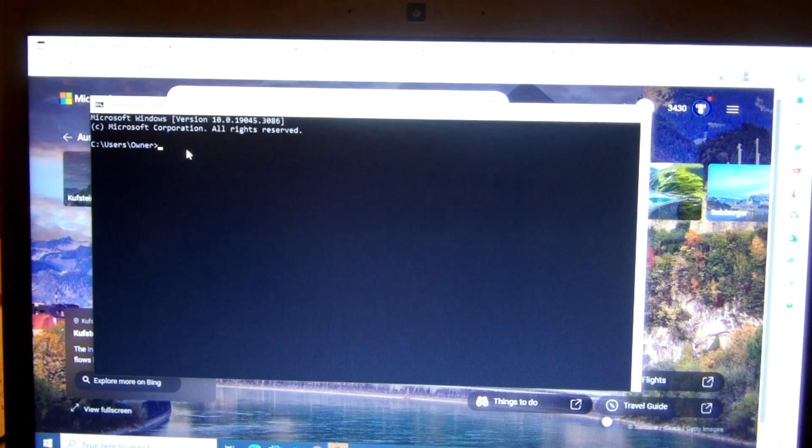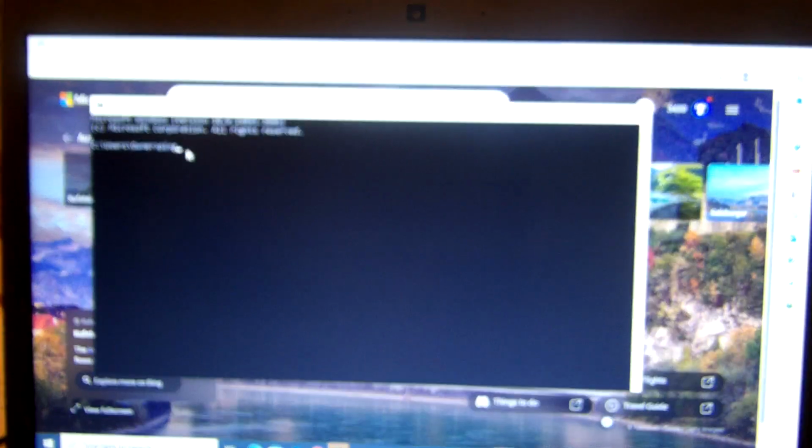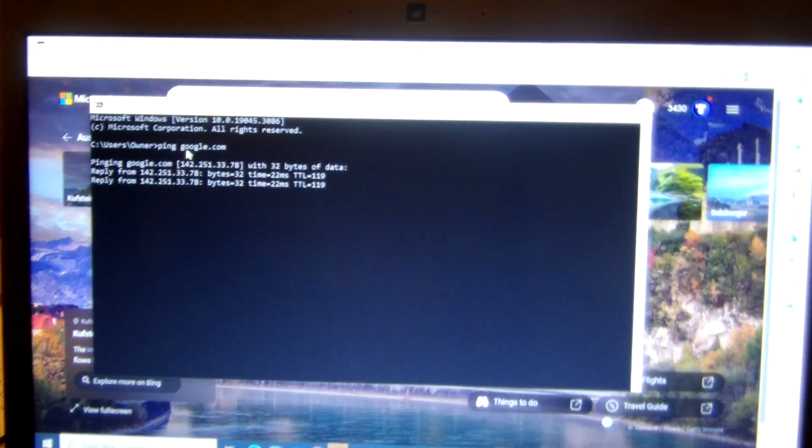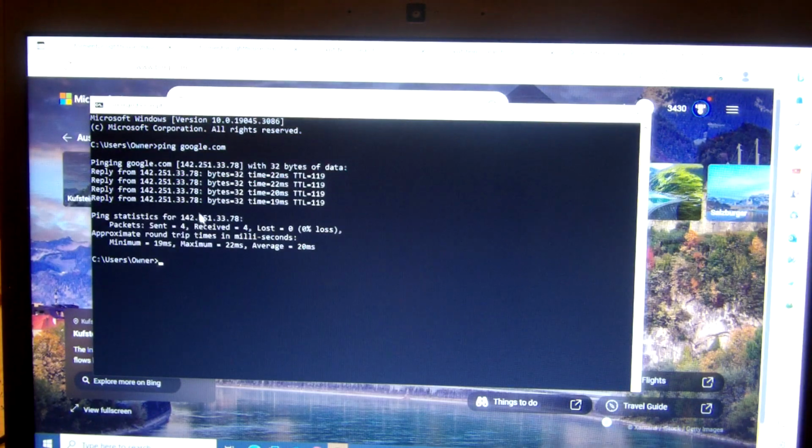You want to ping google.com, okay, and then this gives you the IP address of Google.